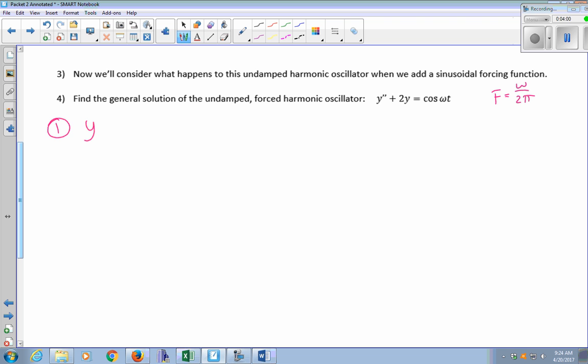First I'm going to solve Y homogeneous. Just replace the forcing function with a 0. So this says s squared plus 2 is 0, so s is plus or minus i root 2.